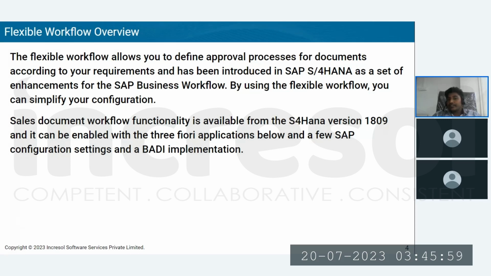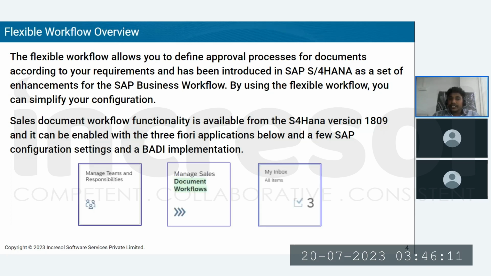It can be enabled with three Fiori applications, which you can see in the screenshot: Manage Teams and Responsibilities, Manage Sales Document Workflows, and My Inbox. Along with that, we also have to do some SAP customization. We'll go through those one by one.